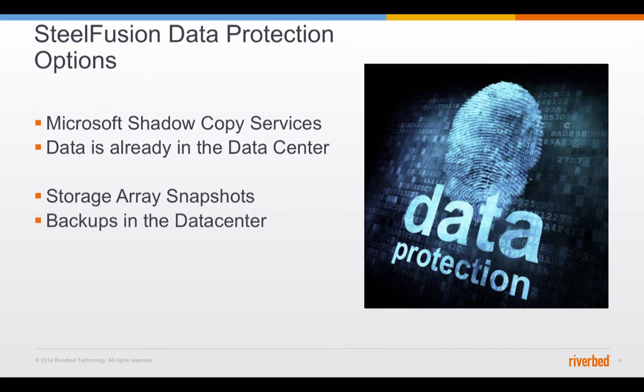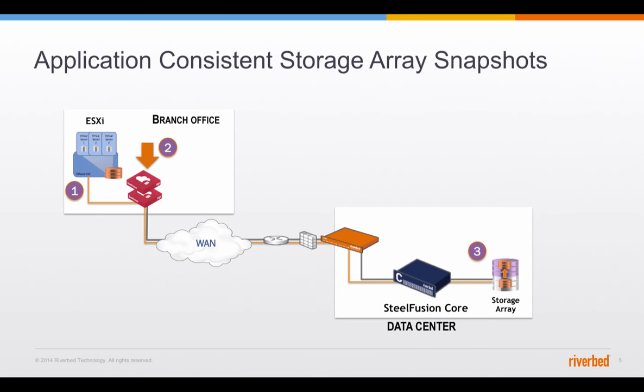So how do application consistent snapshots work? The majority of applications running on SteelFusion in the branch do not need application consistent backups. And as such, data protection can be as simple as scheduled snapshots on the array. But for applications that require application consistent snapshots, here's how it works. On a schedule configured on the SteelFusion core, the VM is asked for a snapshot.